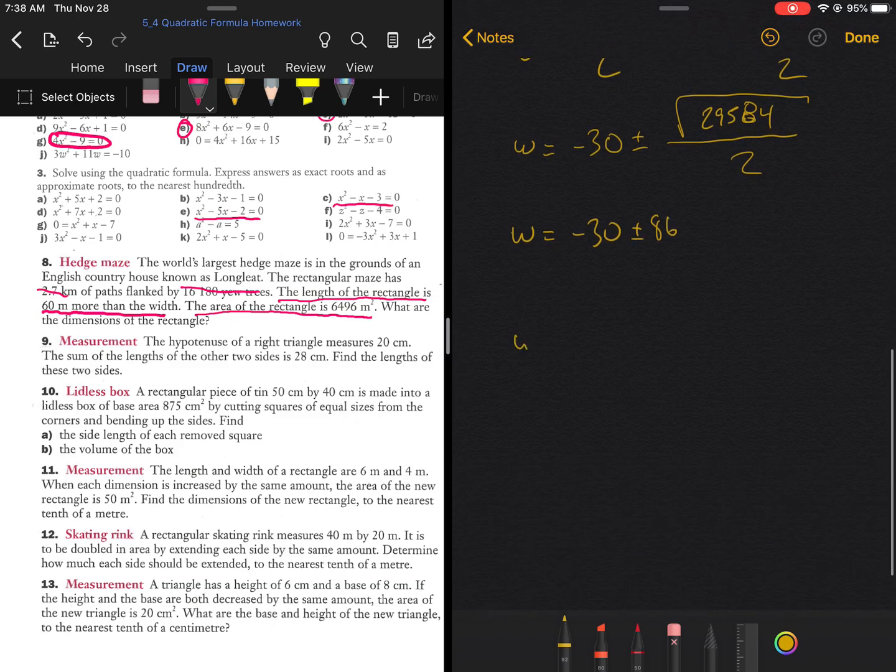So W equals minus 30 plus or minus 86. W equals minus 30 minus 86 is going to be negative, and I need a positive number for the dimensions of my rectangle.